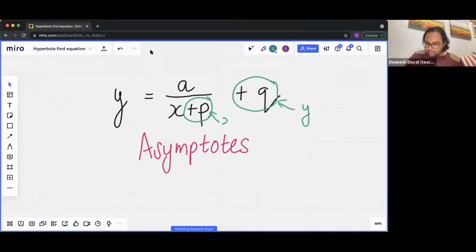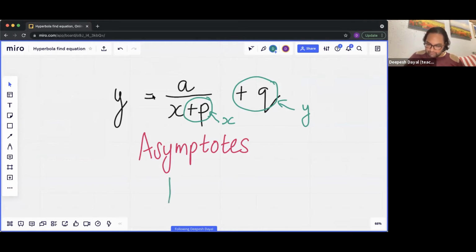And what did we remember about the p? Do we change the sign of the p when we have the asymptote? Yes or no? Do we change the sign of the p when we're finding the asymptotes? Yes, excellent. Thank you all. You're all saying yes, we do. So this p, very important signs, eh?